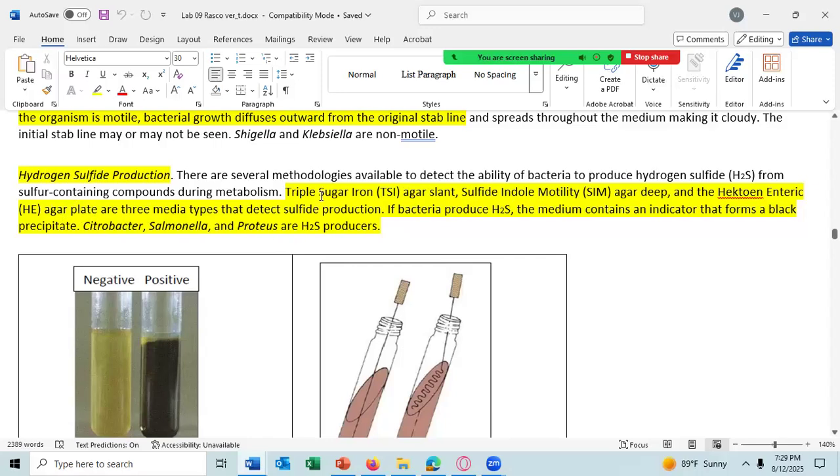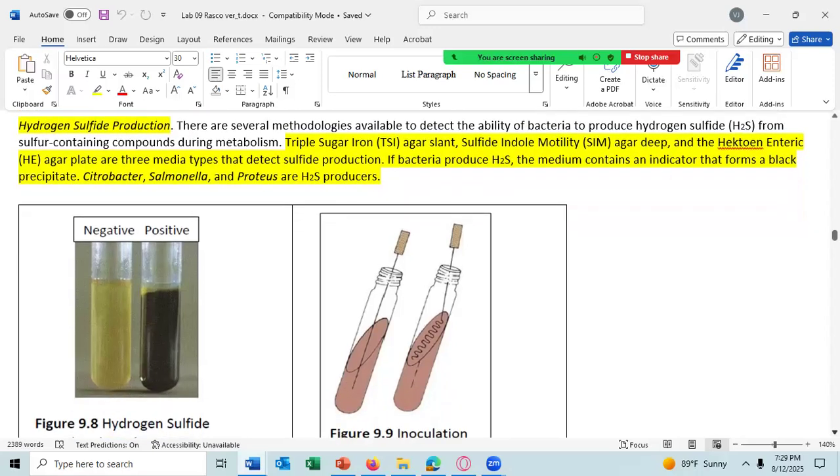All three of these can test for hydrogen sulfide production, and if hydrogen sulfide is made, then the area will be black.